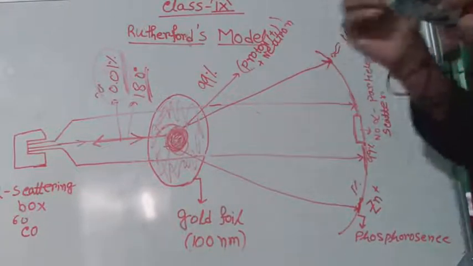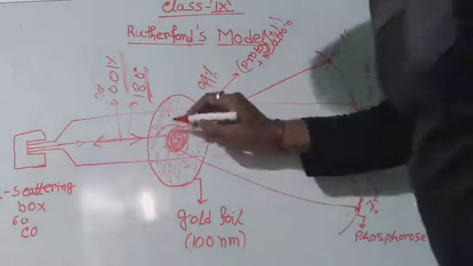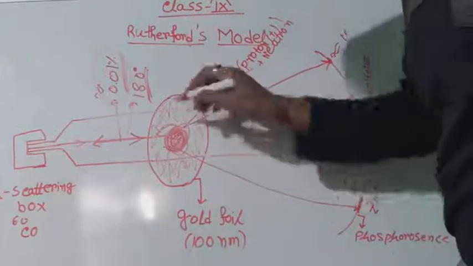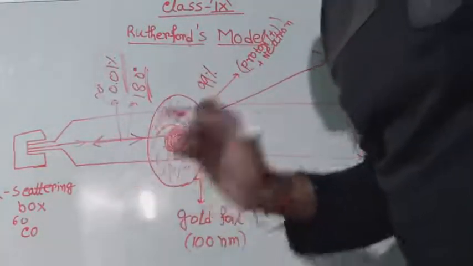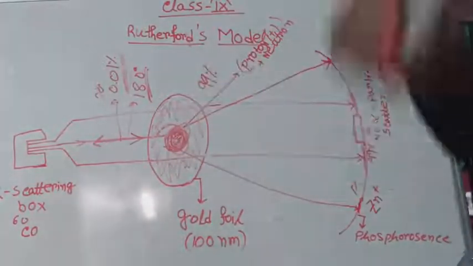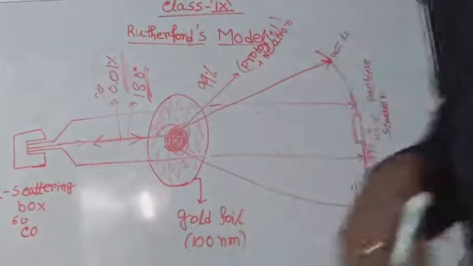Then we discuss the conclusion. From this experiment, Rutherford proposed that the negatively charged electrons surround the nucleus. That means Rutherford said that the positive charge is present only in the nucleus. We all know that an electron is a negatively charged particle. That means electrons are found outside the nucleus, and positive charge is found inside the nucleus.